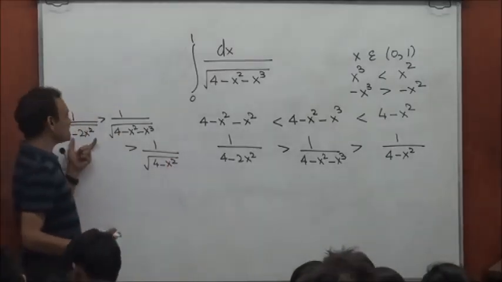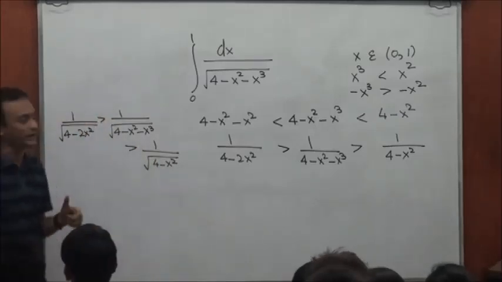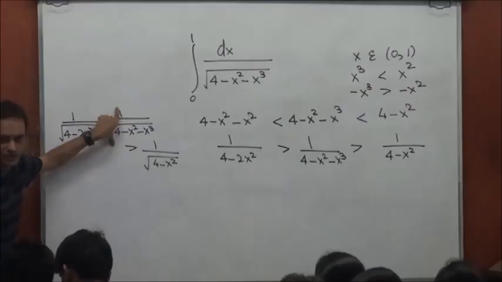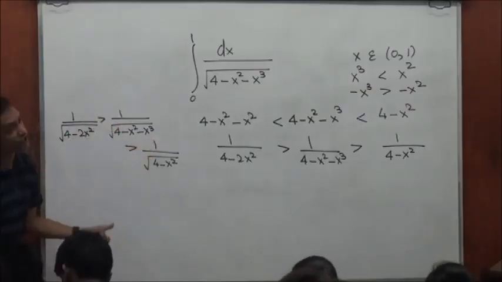Now, if this function is larger than this function in the interval 0 to 1, then the integral of this from 0 to 1 would be larger than the integral of this from 0 to 1, would be larger than the integral of this from 0 to 1, yes or no?